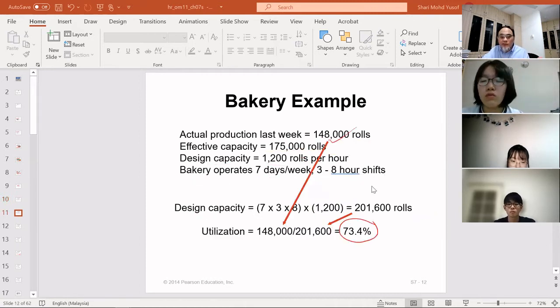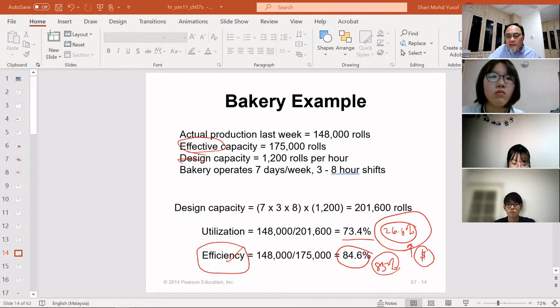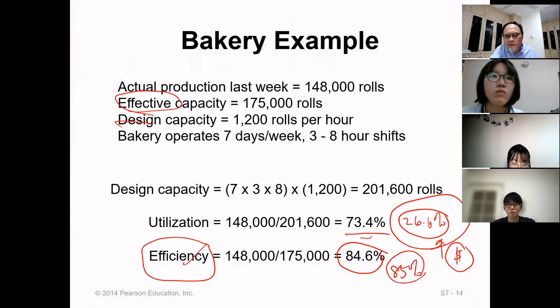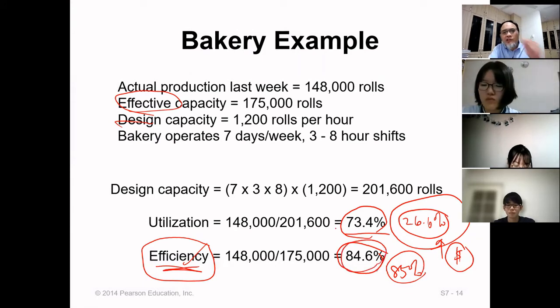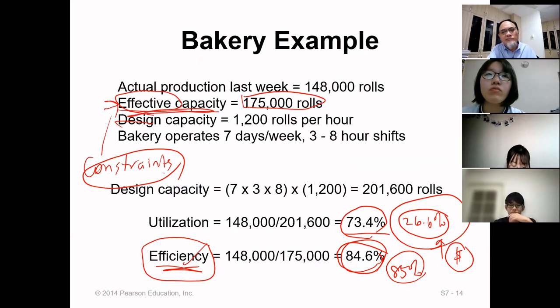If I make decision and say that utilization is low, but not really, because we have constraints, because effective capacity puts into account constraints in our processes, such as new worker, for example, or even machine breakdown, because here it doesn't show how it calculates this number.